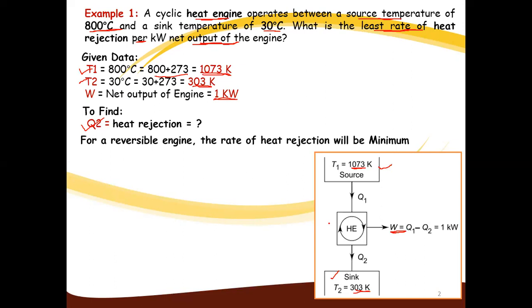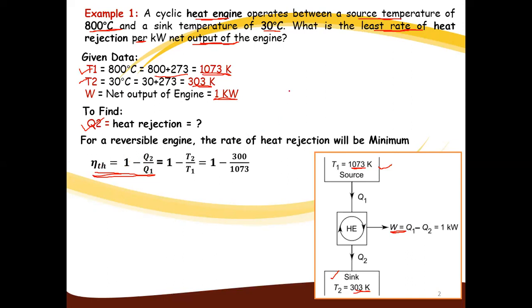So we have a formula: efficiency is equal to 1 minus Q2 upon Q1, or we can say Q1 minus Q2 upon Q1.